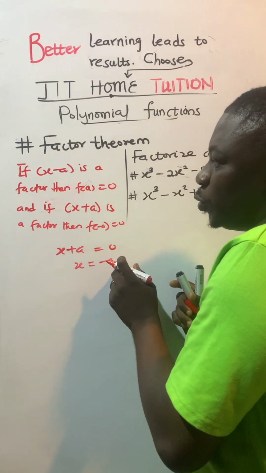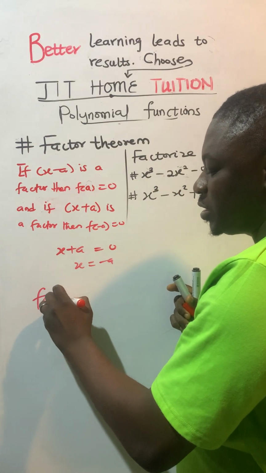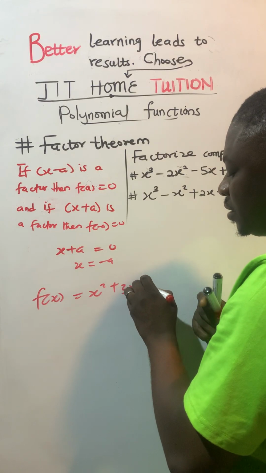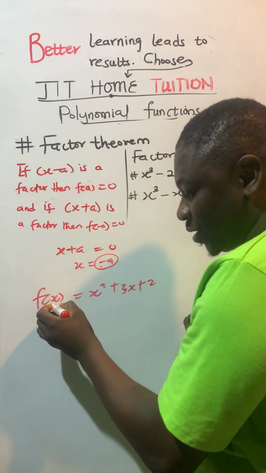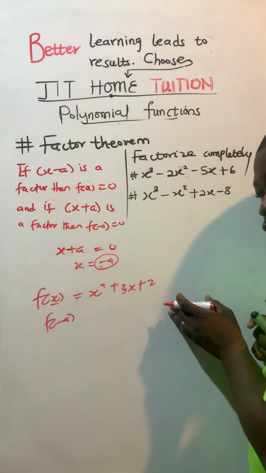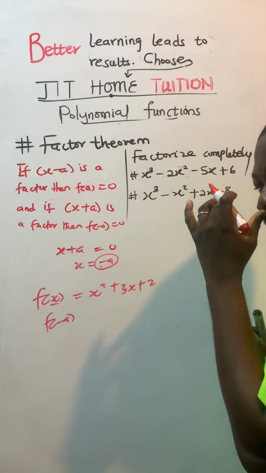So that is what you'll be putting into the function. So if f of x equals, let's say, x squared plus 3x plus, let's say, 2, here what you are going to do is put that value into the function, which will give you f of a like this. Then you solve it, okay? And whatever you get is the remainder.